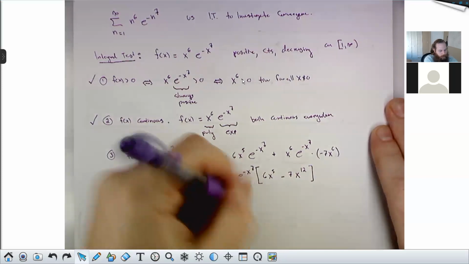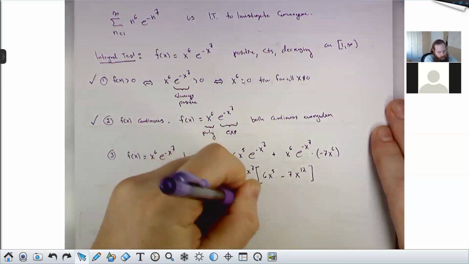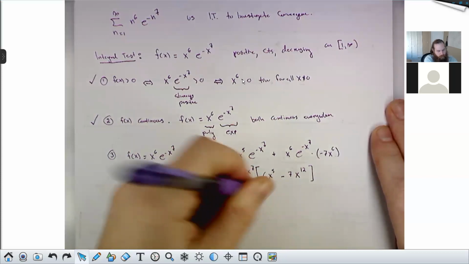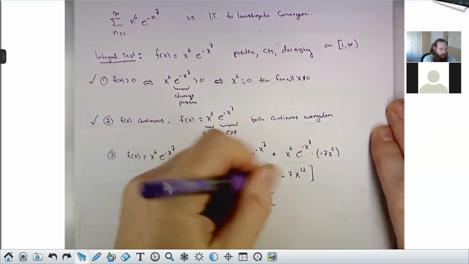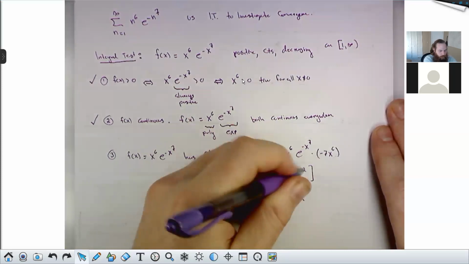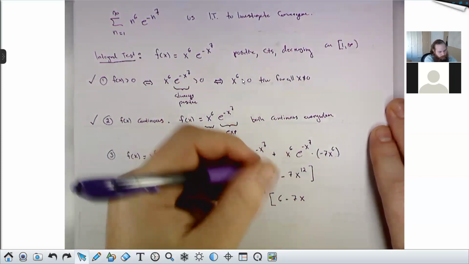And then I can factor out an x to the 5. So this is x to the 5 times e to the negative x to the 7 times what remains here, which is 6 minus 7x to the, what is 12 minus 5? 7.